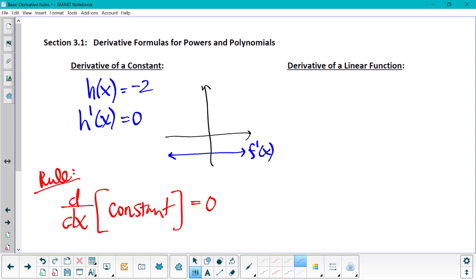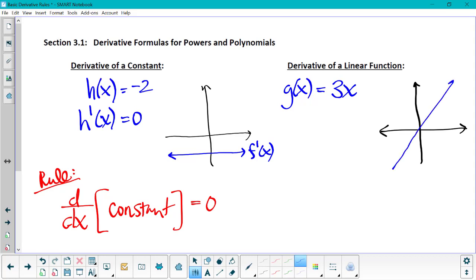We also talked about linear functions in the same respect, being that the derivative is the slope, which is the slope of the line or the rate of change. So for example, if I have the function g of x is, let's just say, a basic 3x, which is a line, actually has a y-intercept of 0.